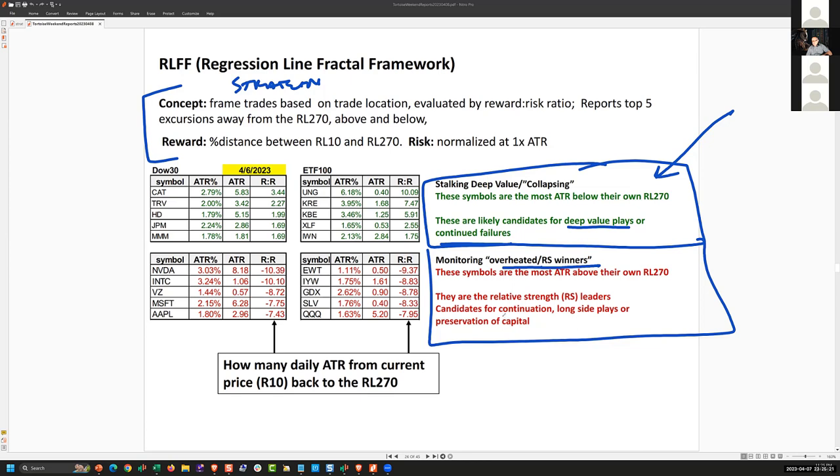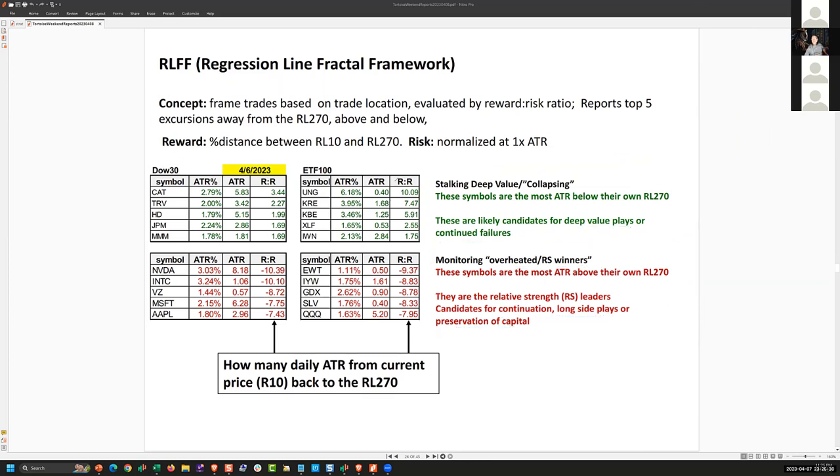They're either going to be continuation long side plays, or you better preserve in case that asymptotic move starts to collapse, like an Anderson regression line. And then this gives you the reward to risk on the basis of 1 ATR.